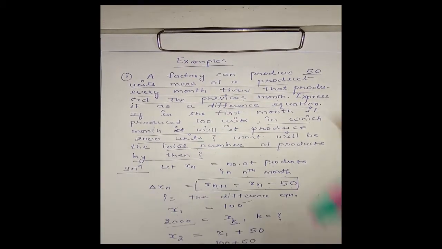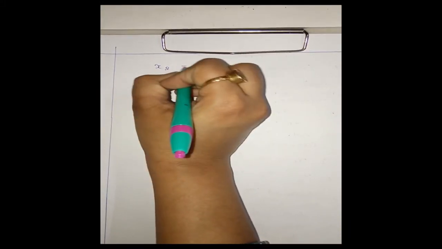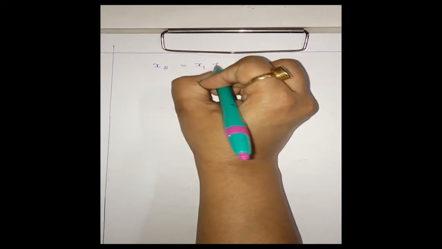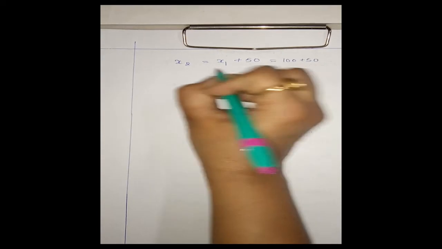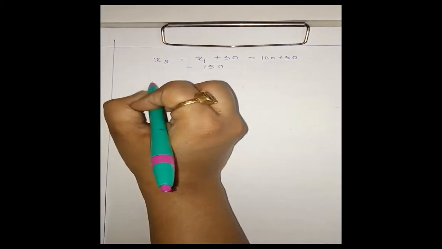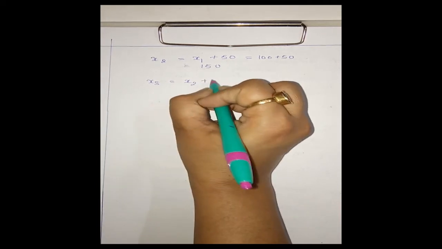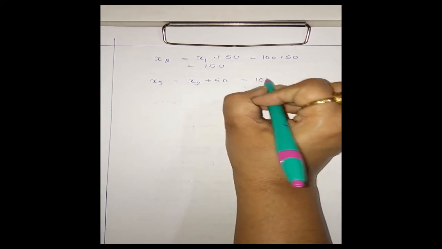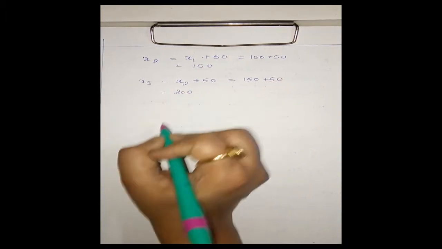Now x2 is x1 plus 50, that is 100 plus 50, that is 150. Now x3 will be x2 plus 50, that is 150 plus 50, that is 200.